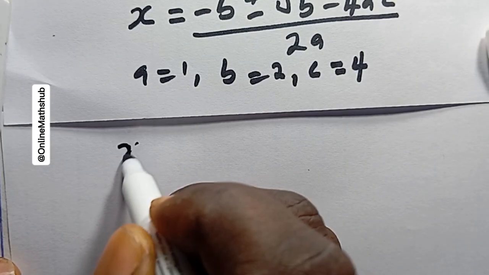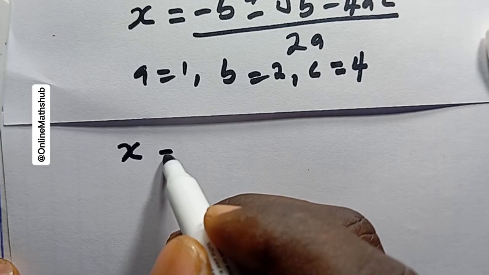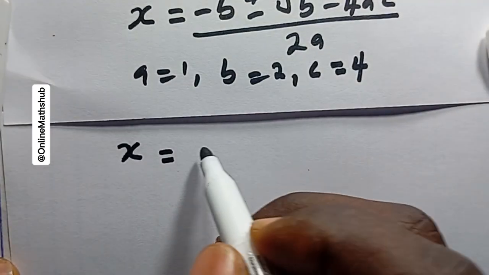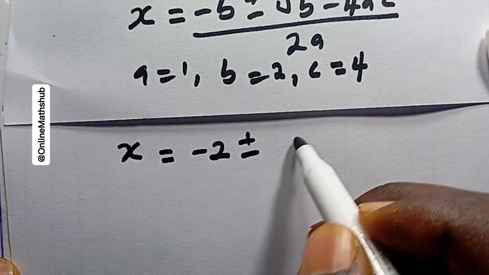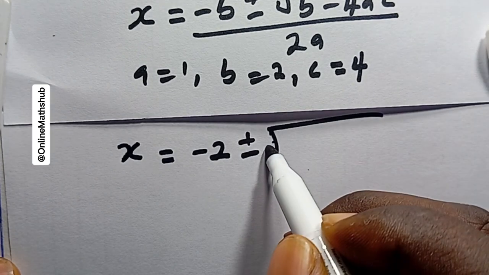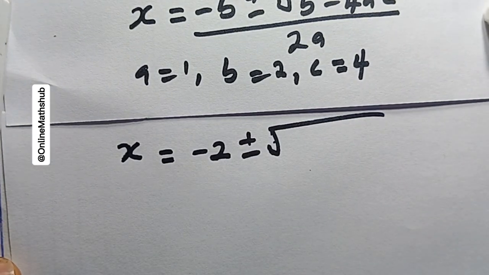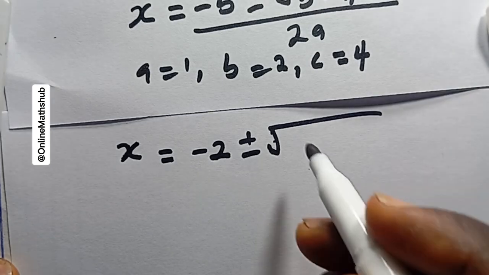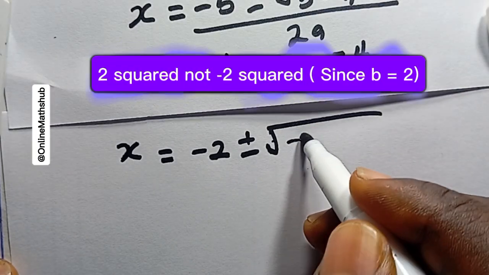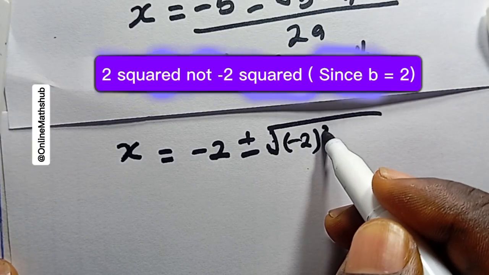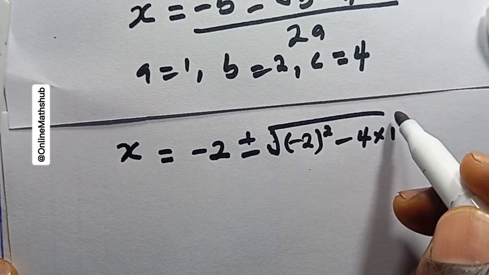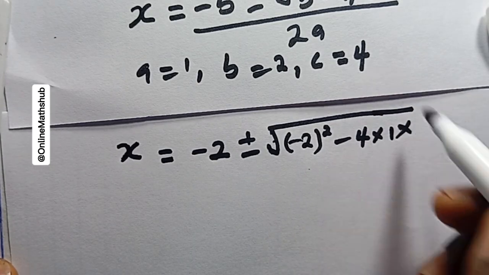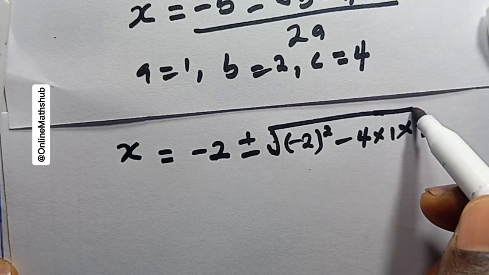If I do that, x will be equal to, b here is 2, so I'm going to have minus 2 plus or minus the square root of 2 raised to the power 2, and then minus 4 times 1, and then times 4 here, which is the c.